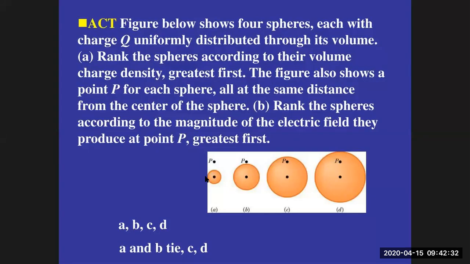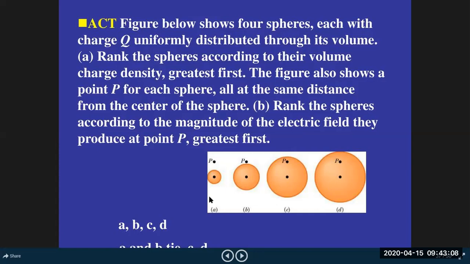This is the sphere in A. So first sphere will have higher charge density, and second sphere will have a little bit smaller, and third one will have smaller than second one, and fourth one will have a smaller charge density in comparison to all. So if you arrange in sequence, higher charge density will be on the smaller sphere A, then second one, then third one, and last fourth one.